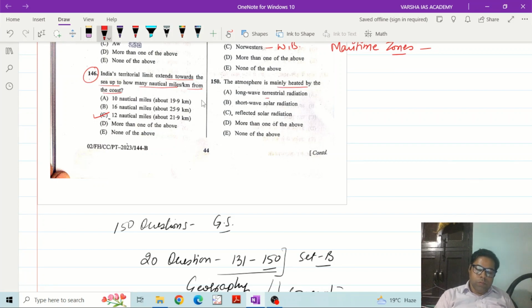The options are long wave terrestrial radiation, short wave solar radiation, reflected solar radiation, more than one of the above, none of the above.